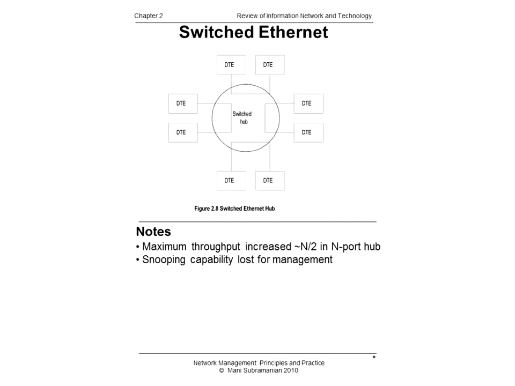Now we have switched Ethernet, where we have a switched hub in between, and we have a number of DTEs. DTEs, as I have told you, stands for data terminal equipment. So here, a layer 2 switch is basically an N-port bridge with additional sophistication that allows faster handling of the packets.